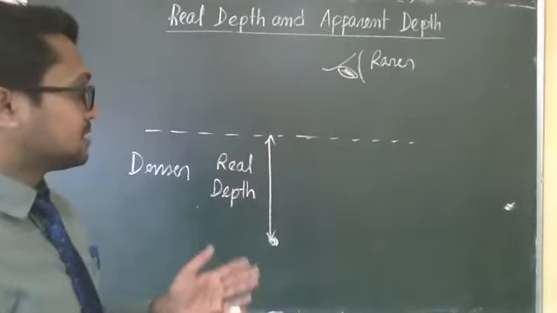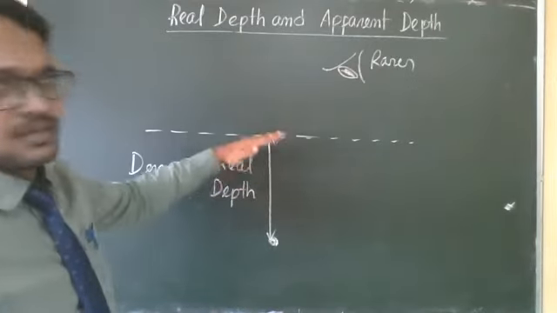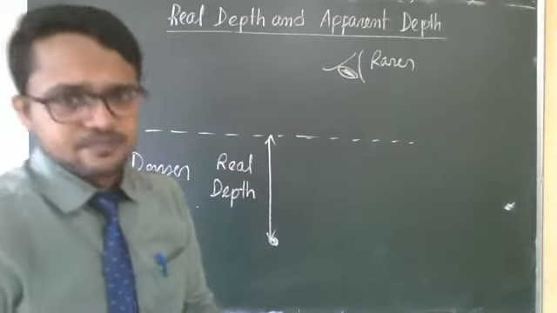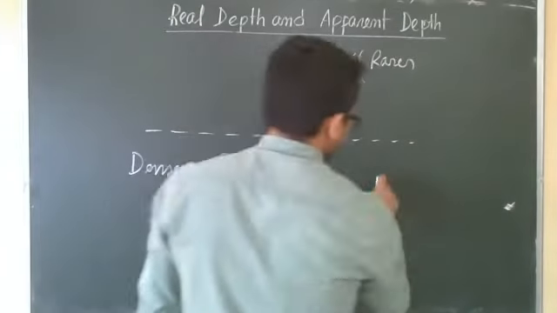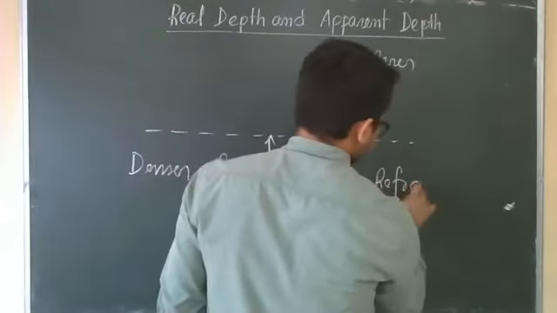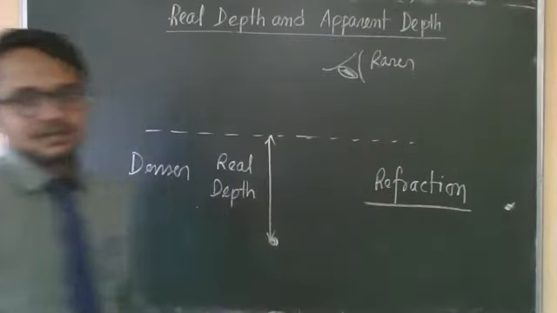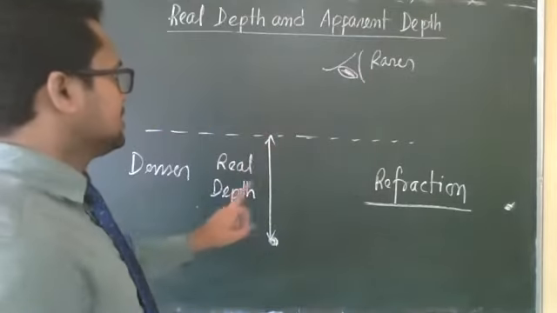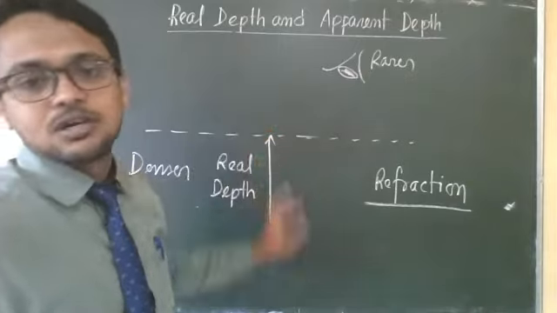We will see that the object is not at this depth. The depth of the object will be smaller, will be lesser. This happens due to refraction. What is the cause? Refraction. There is one special case in which, when we are seeing the object from the rarer medium, the depth will not change.